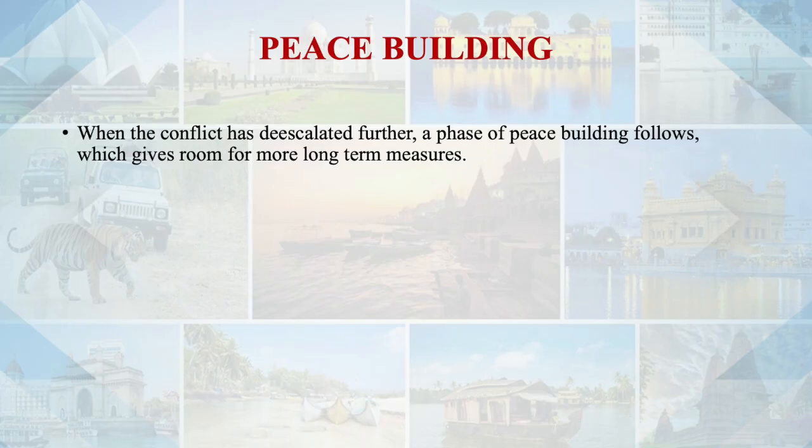Now look at peace building. We have understood conflict management, conflict resolution and conflict transformation. After these concepts comes peace building. When the conflict has de-escalated, meaning from escalation to de-escalation, a phase of peace building follows, which gives room for more long-term measures to be taken.